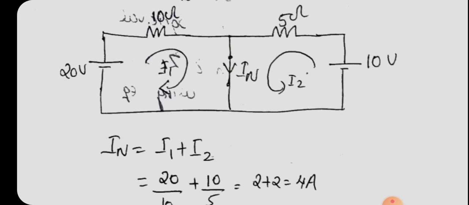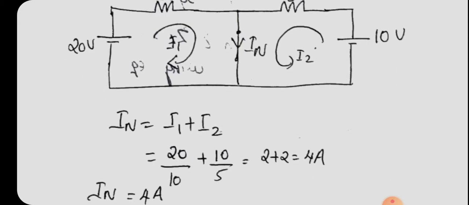See, here there are two loops. So in order to find out the value of IN we can use mesh analysis. Okay, see here the currents are marked as, in the first loop the current is I1, in the clockwise direction, and in the second loop the current is marked as I2, in the anti-clockwise direction. You can see that in the direction of I1 and I2, IN will be equal to I1 plus I2, right?